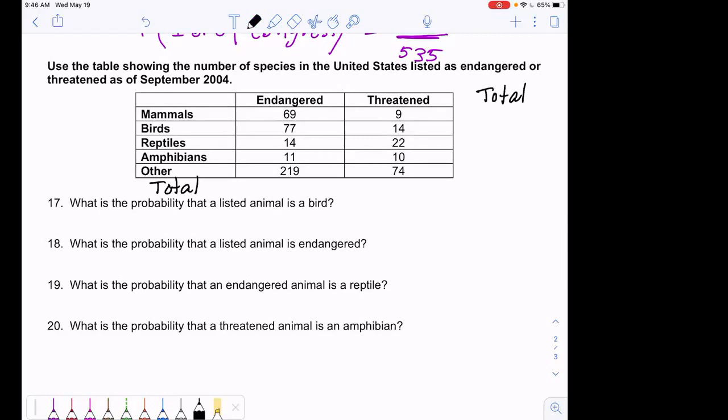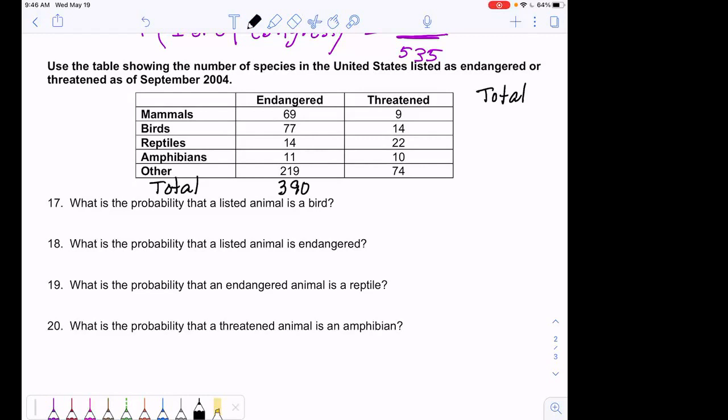Jason, do you have the totals going down vertically in the column? Just what do you have for the endangered? Say it again. 390.